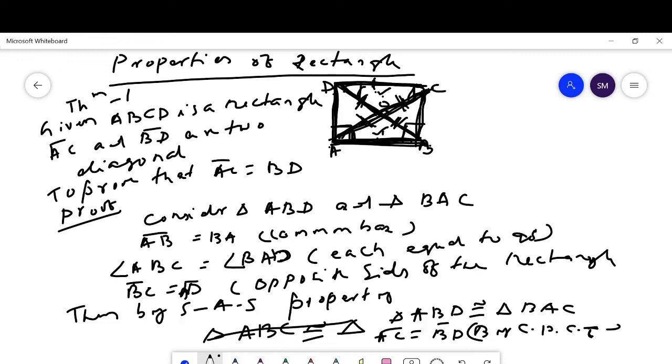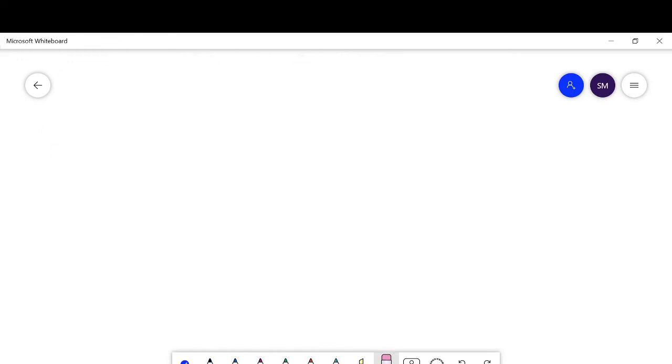Hence, we prove that the diagonals of a rectangle bisect each other and the diagonals are of the same measure. Okay. Then another property. A quadrilateral is called a parallelogram when opposite sides are of equal measure, opposite angles are of equal measure, and the diagonals bisect each other.